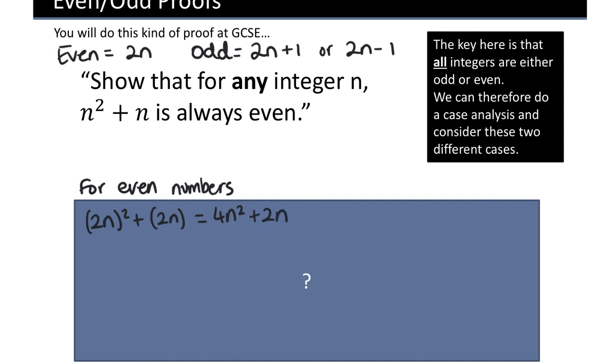To prove that a number is even, we need to show that 2 is a factor. This is the same as writing 2 lots of 2n squared plus n, okay?